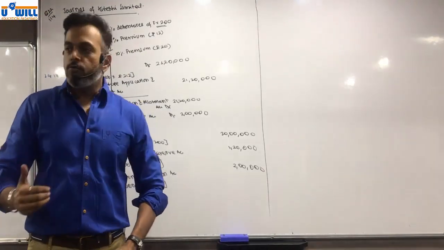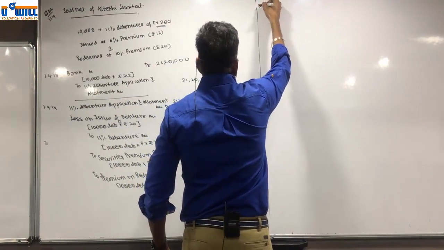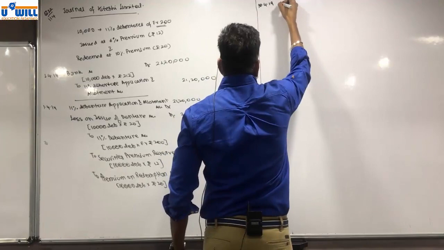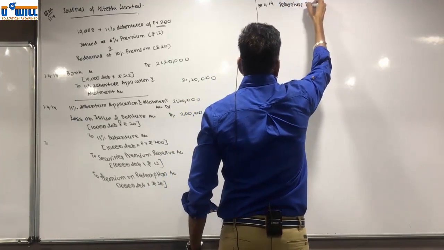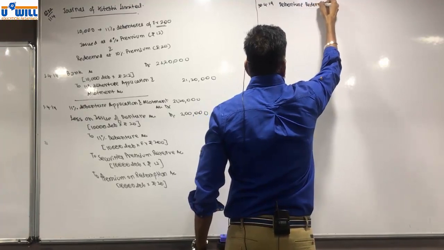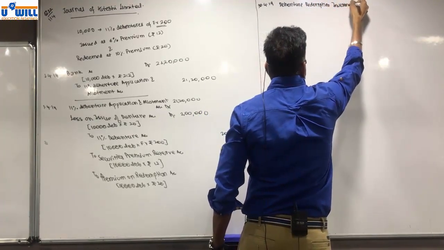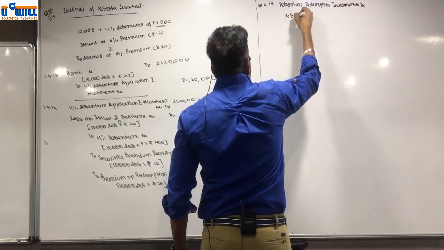30th April 2019. So 30th April 2019 we are going to invest. So debenture redemption investment account debit to bank account.